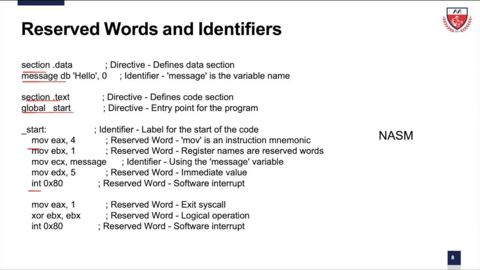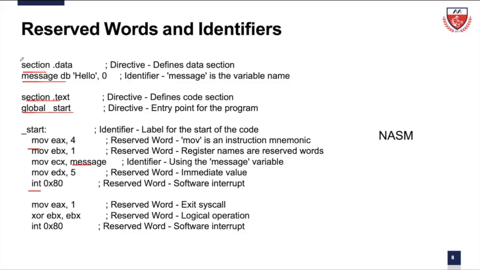Identifiers here, like message, are names created by the programmers for labels or variables. So identifiers are variables, no? If we compare again to what we do nowadays in programming languages, these are what we call identifiers, so variables.